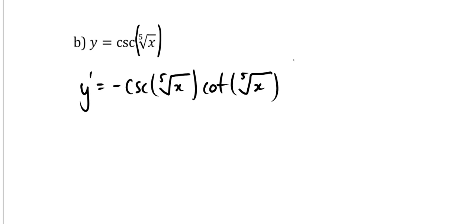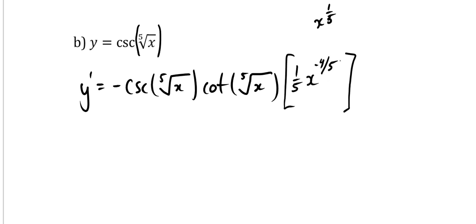And now this part here at the end is going to be the derivative of x to the 1 over 5, which is, I multiply by the exponent, and then I have my x, and then I subtract 1 from the exponent. So that's negative 4 over 5.